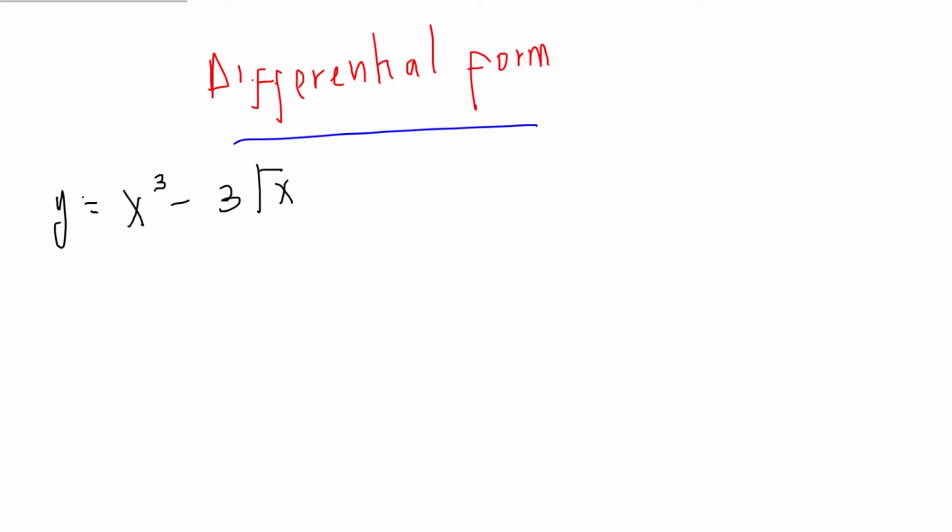As usual, I'll try to write for you the formula or the definition of the differential form at the end of the video. For now, let us just do the example. So first we are going to find the derivative.